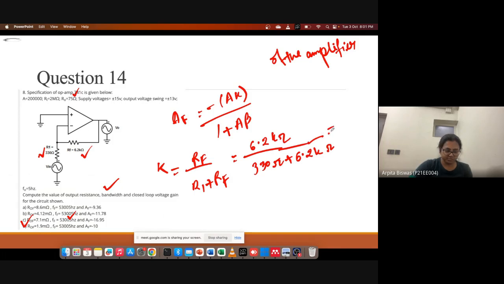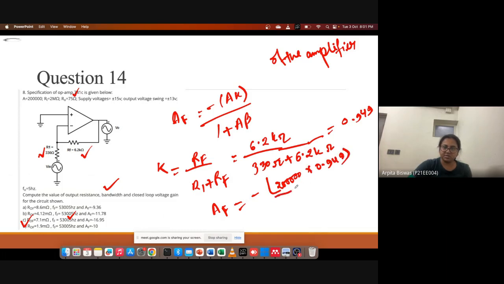So what is the value of K here? It is coming around 0.949. Then just put the value here. What is the value of A? 2 lakh, into the value of K, 0.949.